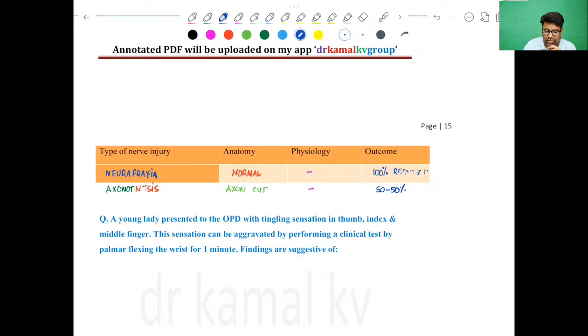Recovery can occur, recovery may not occur. And the third variety is neurotmesis. Now in neurotmesis, the entire nerve is cut. Clear? So you can say it is a 2-part injury, 2-part cut. Physiology will go, and here the chance is 0%, unless and until you do some intervention in the form of nerve repair or any other intervention, right?